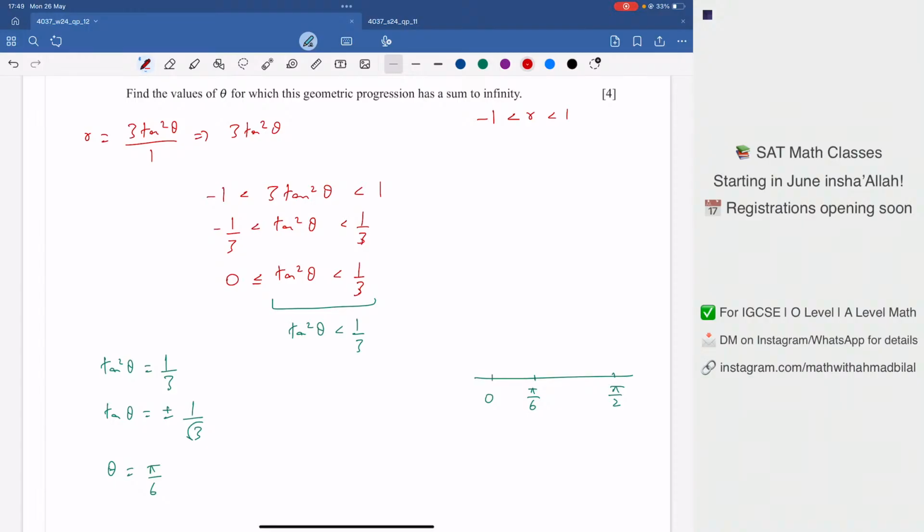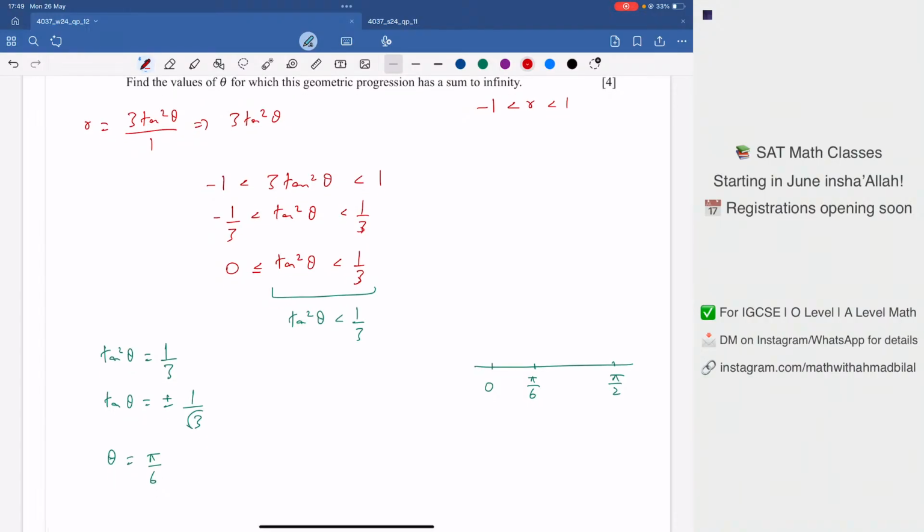You can check that. You can input some value in the middle region. You could say, for instance, this is pi over 6, you could try pi over 12 in the middle. That could be one number that you could try in the middle. Between pi over 6 and pi over 2, you could try pi over 3.